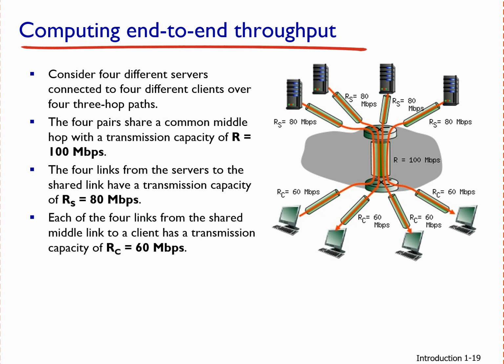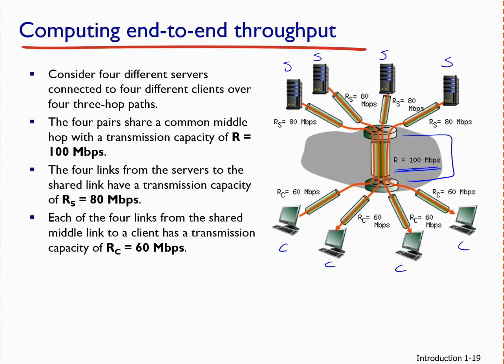Our third example is about end-to-end throughput. Let's consider 4 different servers that are connected to 4 different clients over 4 3-hop paths. So we have the core here, and we have these servers, and here are the clients. The 4 pairs share a middle hop with a transmission capacity of 100 megabit per second.